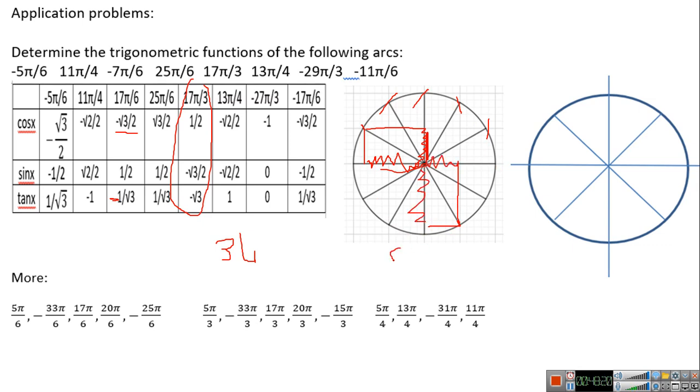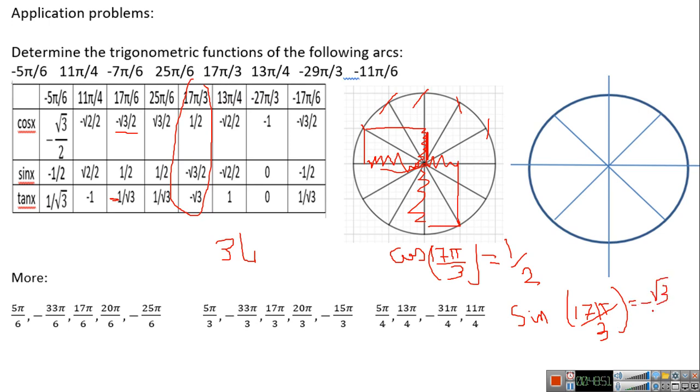So cosine of 17 pi over 3, the cosine at the smallest distance is half, positive. However, the sine of 17 pi over 3 is negative, because in the third and fourth quadrants sine is negative. The biggest distance is minus radical 3 over 2.